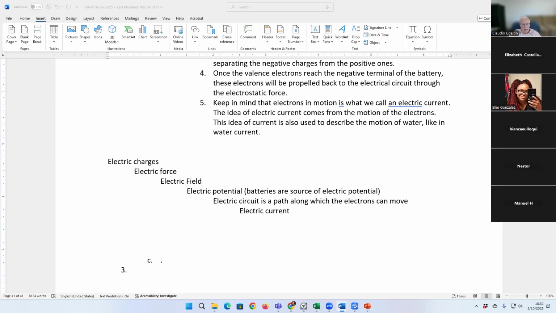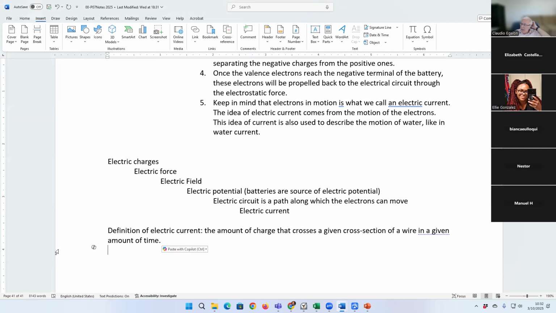Electric current is defined in terms of the number of, not exactly electrons, but the amount of electric charges that crosses a given cross section of a wire in a given amount of time.